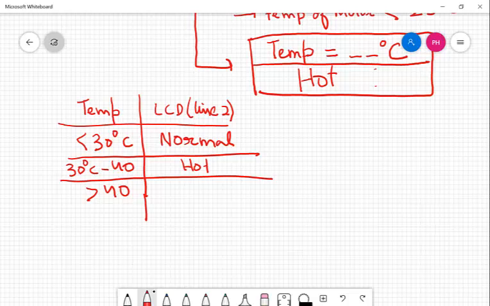Line 1, you should again remember, should display a string like this, temperature equal to then the actual temperature in degrees Celsius. And line 2, it has 3 different sections. When the temperature is less than 30 degrees Celsius, it should display normal, and when the temperature is between 30 degrees and 40 degrees Celsius, it should display hot, and when the temperature is greater than 40 degrees Celsius, then it should display too hot, turn off.